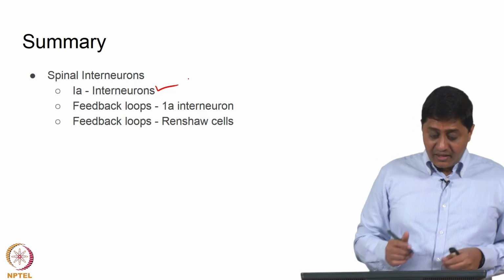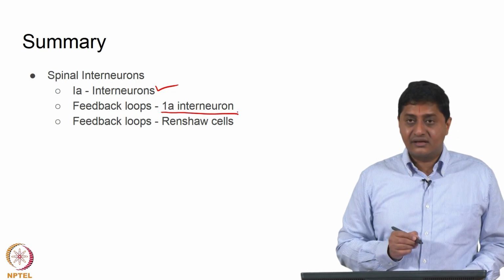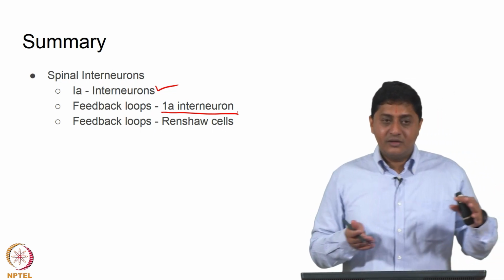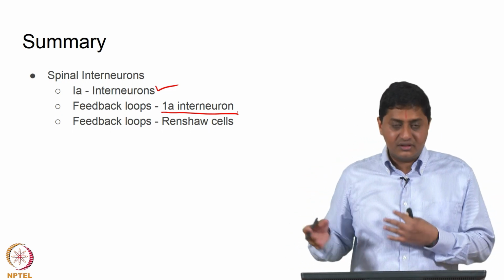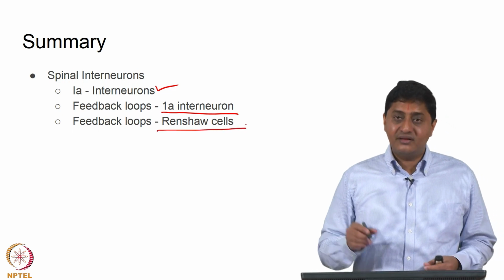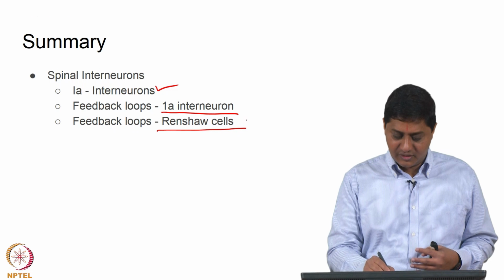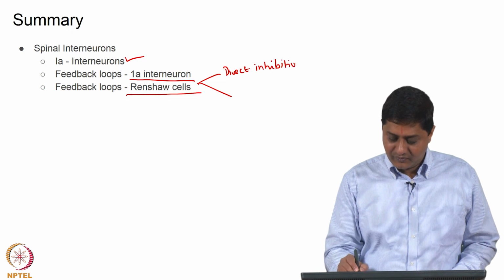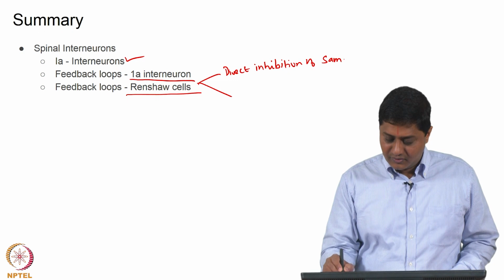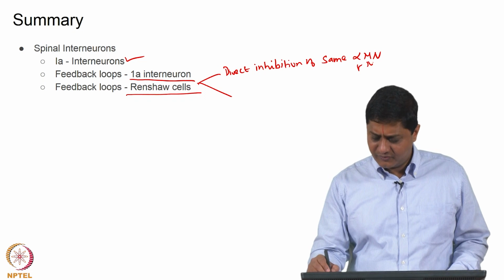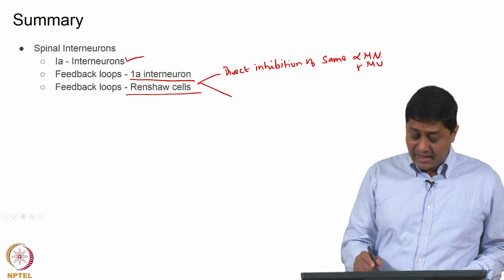And feedback loops concerning 1A interneuron, there is one that involves reciprocal inhibition between two muscles, for example, and this exists throughout the body in multiple muscles. Okay. And then feedback loops involving Renshaw cells, the one that involves a smaller feedback loop. There are two of these, one involves direct inhibition of the same alpha motor neuronal pool, that is what we saw, alpha motor neuronal pool and gamma motor neuronal pool, just the motor neuronal pool.